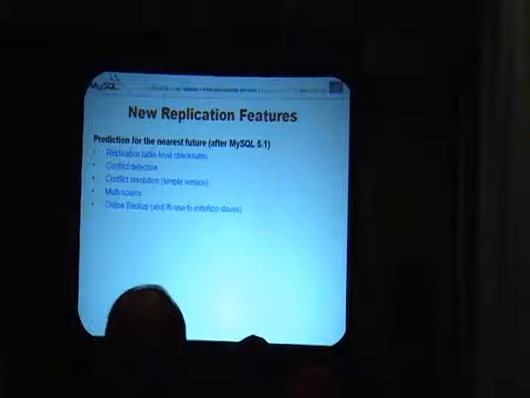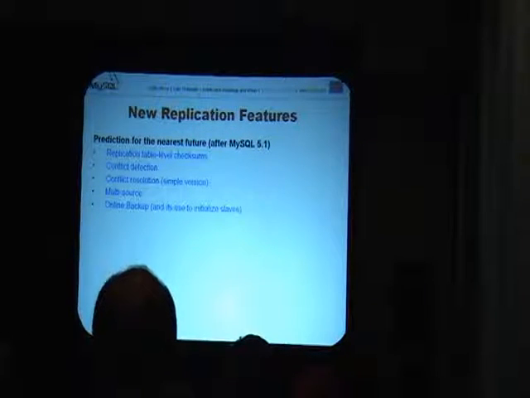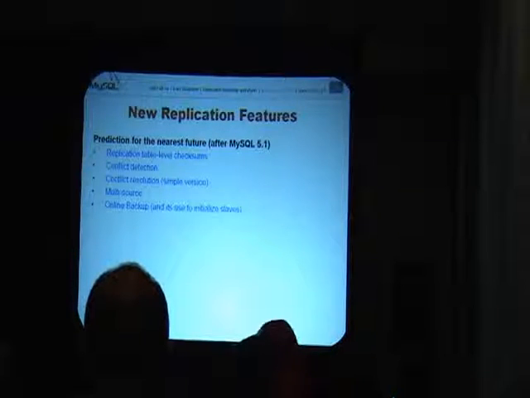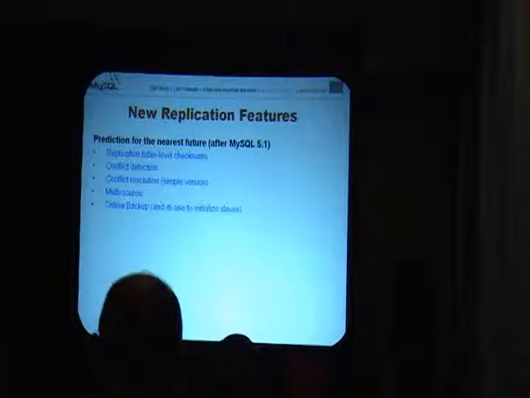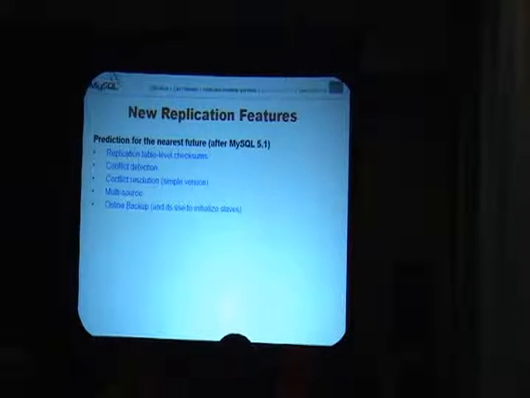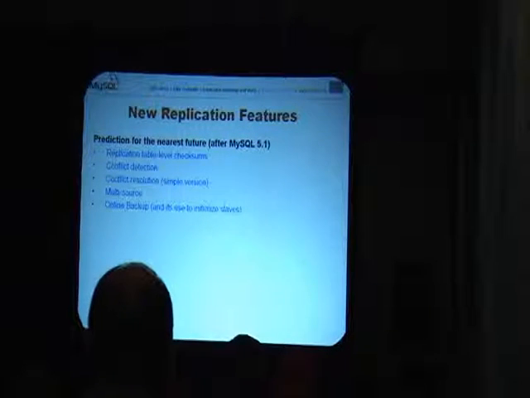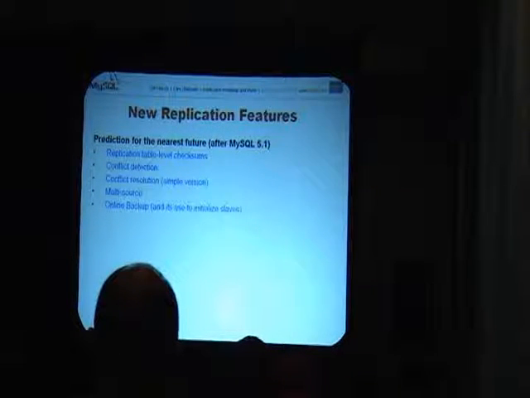Conflict detection, so that if you update the same row on 2 different servers, you detect this, and you can have some program or do something about this conflict. And conflict resolution will be some simple version where you just use timestamps, so you always take the latest one, the highest timestamp.